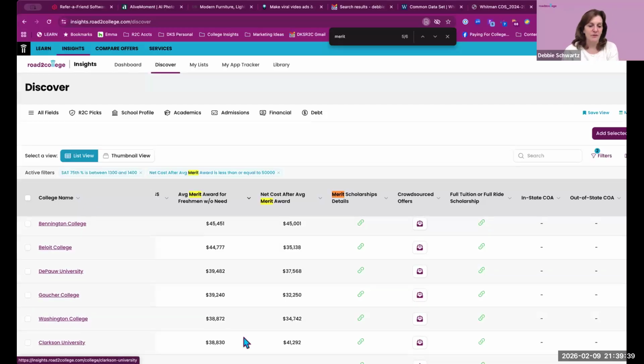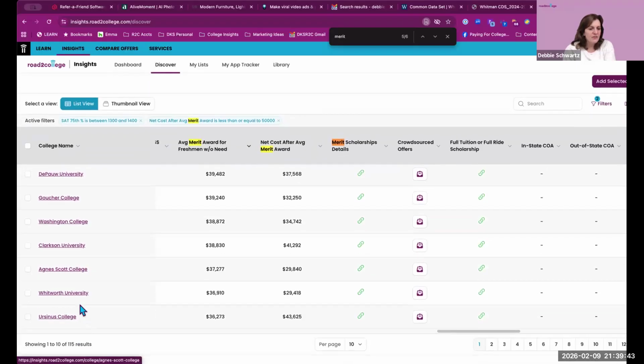Clarkson College is also, obviously, a very generous college. And this is how you use the data to find the colleges that can offer your student merit scholarships and also filter down the results based on a budget that you might have.